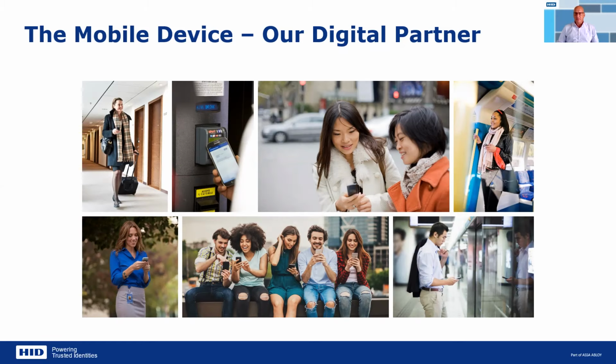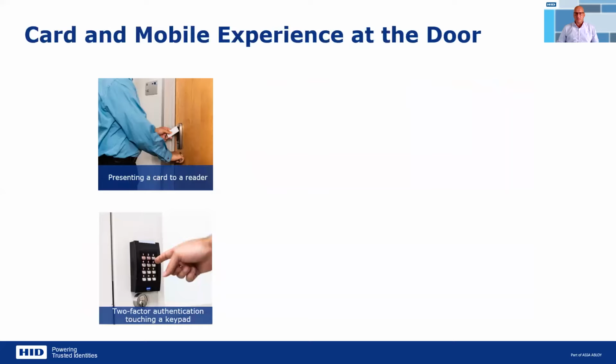And obviously, the path forward in access control is that mobile access, the mobile devices like a smartphone, they will also replace the plastic RFID cards, which are used now to access the premises.